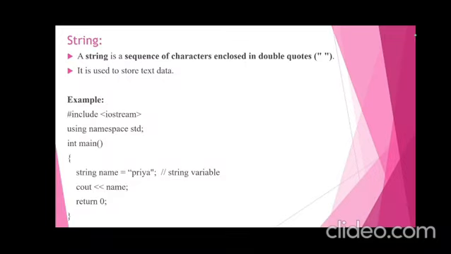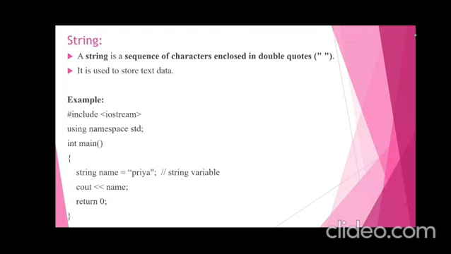And the next one is string. A string is a sequence of characters enclosed in double quotes, and it is used to store text data in a program. Strings are commonly used to represent names, messages, and other textual information. In this example, #include <iostream> is used to include the input-output library, and using namespace std allows us to use standard functions like cout.